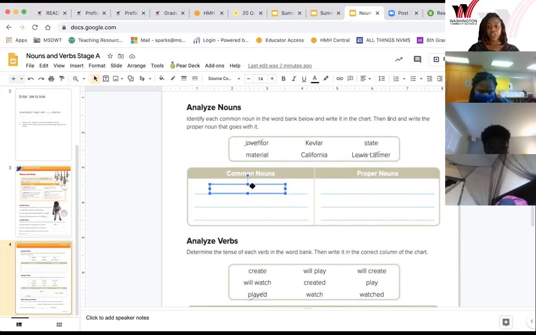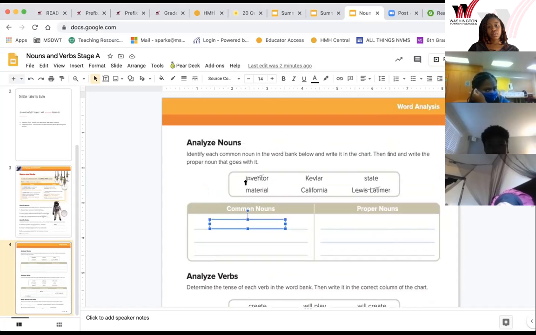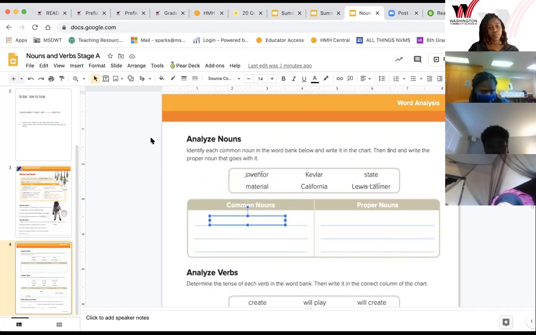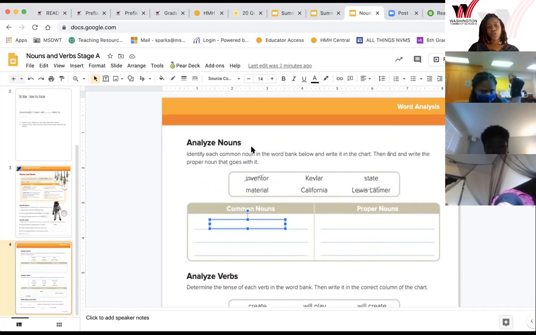Did you guys do this page? Wait, 1 second. We're doing the nouns part first. Can you guys hear me? Okay. We're doing the nouns part first. So we have inventor, material, Kevlar, California, state, and Lewis Latimer. Aaliyah, you said you didn't do this activity? No. Okay.